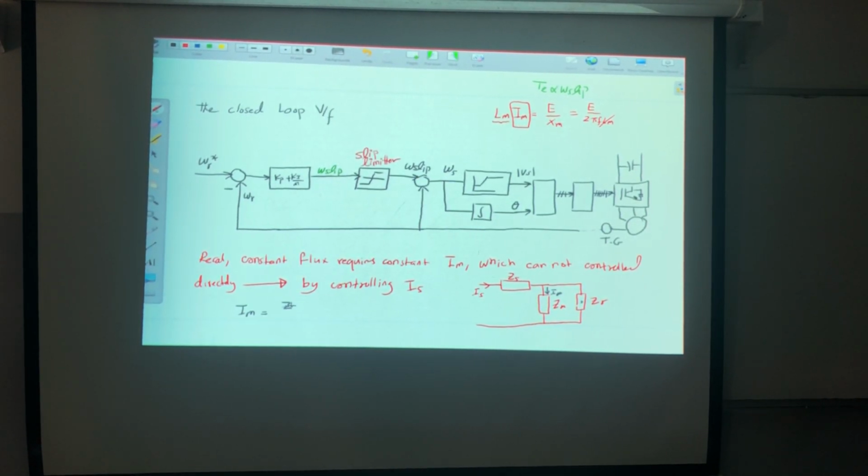It's ZR over ZM plus ZR multiplied by Is. So now let's substitute ZR by its value and ZM by its value.